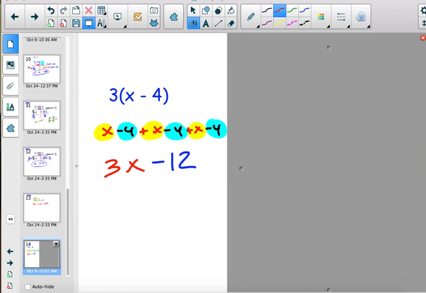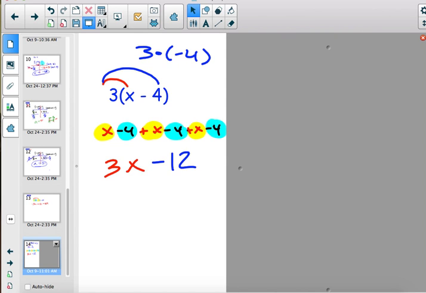Now when we do the distributive property, is 3 times x going to give you the 3x? Is 3 times -4 going to give you -12? Yes. So, are we good on that right now? Does that make sense, Ellen?